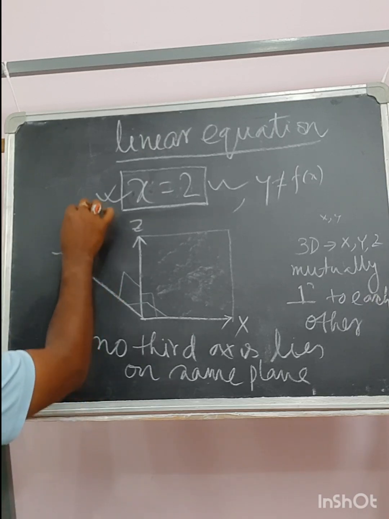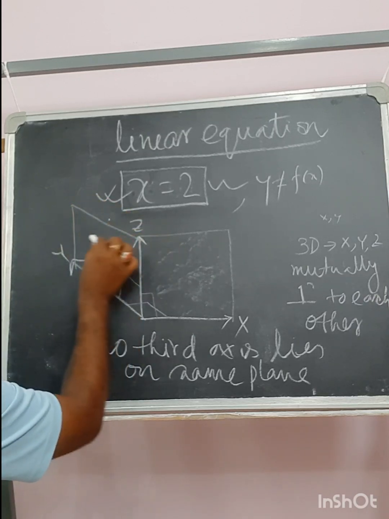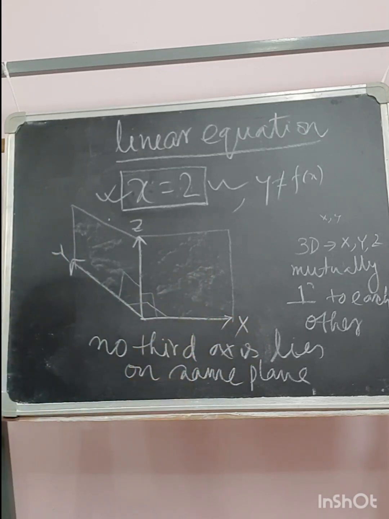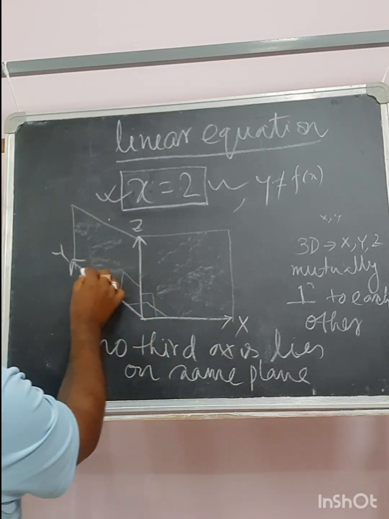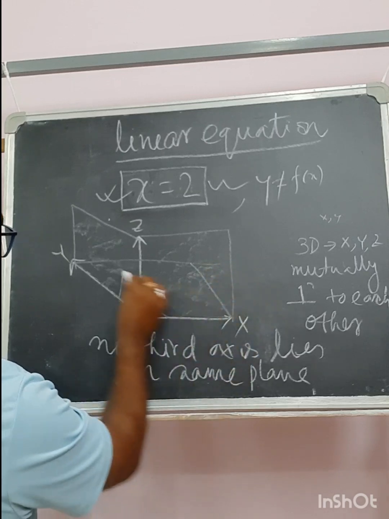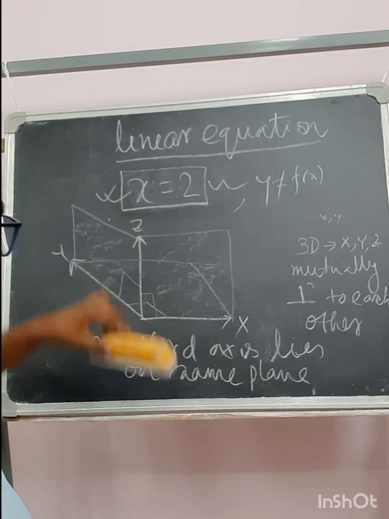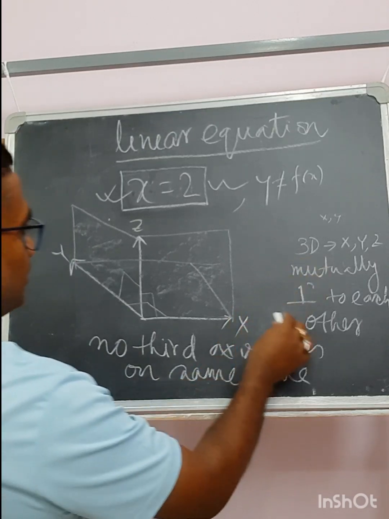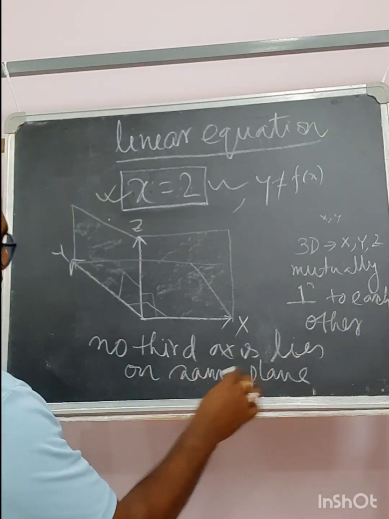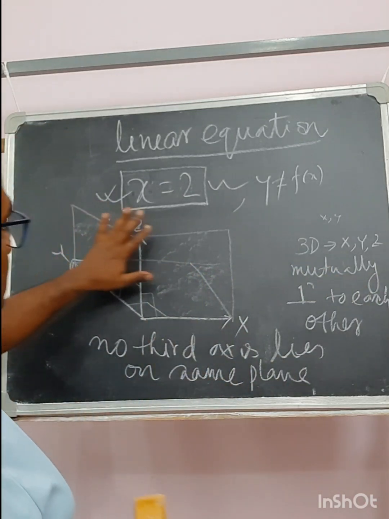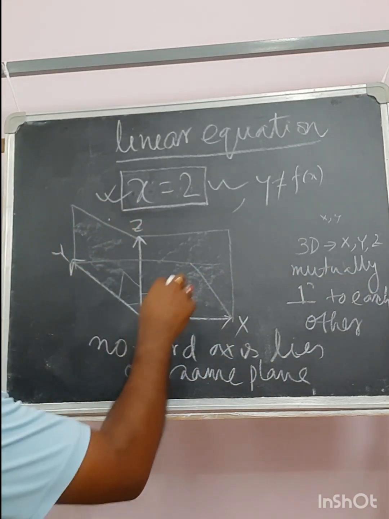Or if I take this as one plane, x will not lie on that plane, and similarly for the other two: if I take x and y, then z will not lie where x and y lie. So for 3D, no two axes lie on the same plane and they are mutually perpendicular. So up to this you might have understood.